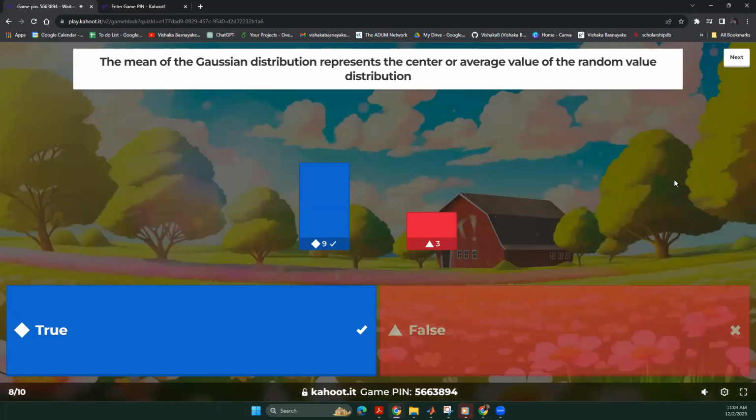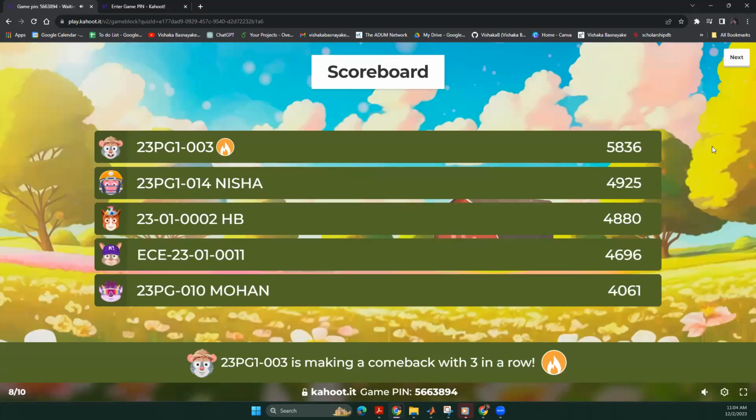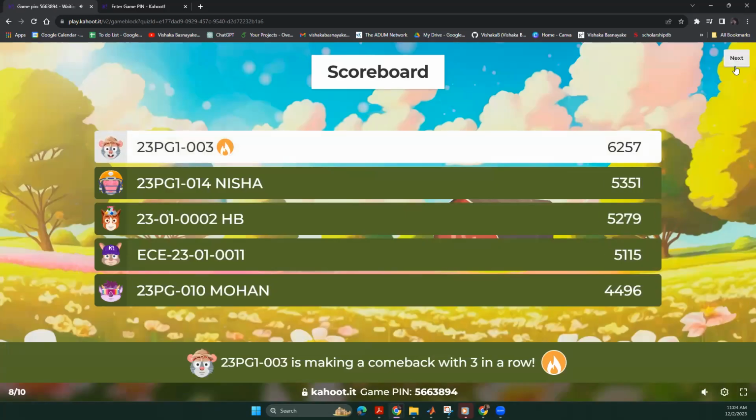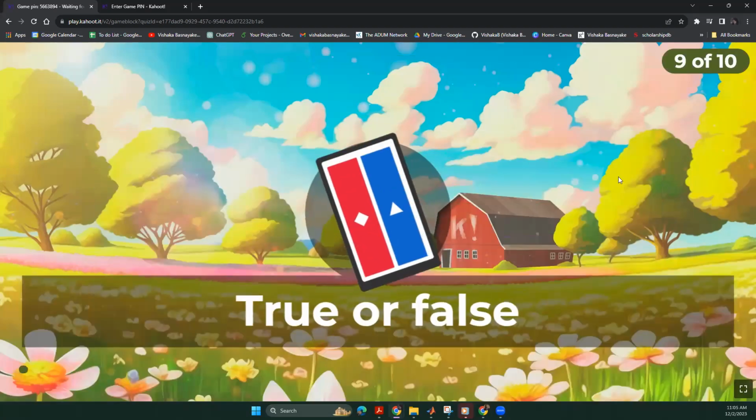The mean value gives the center value of the distribution of the random variables. So for a Gaussian distribution, it is at the center of the distribution. So it should be true. Almost all of you have taken the correct answer. Only 3 incorrect answers are there. So the lead remains the same and the scoreboard has not changed much.